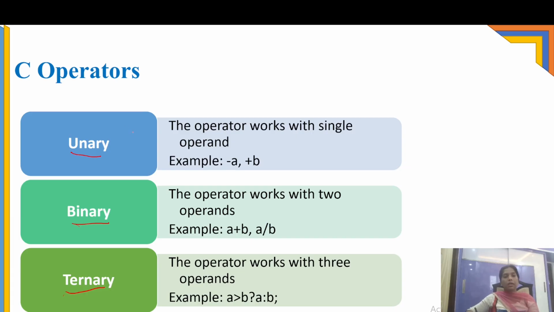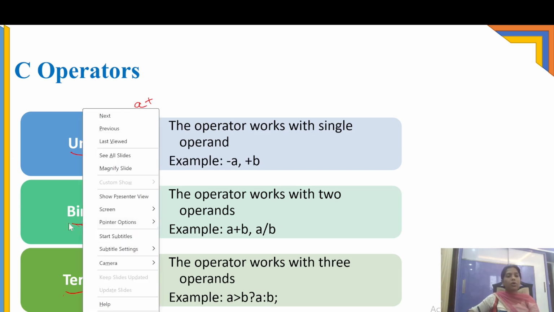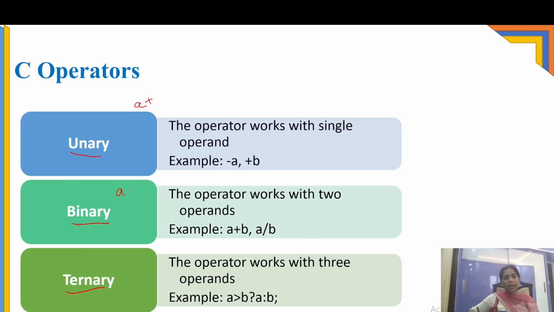Unary: the operator works with a single operand, like A plus plus, B plus plus. Binary: the operator works with two operands, like A plus B, A minus B. And the operator that works with three operands is called the ternary operator. This is a very important operator, which is also called the conditional operator.